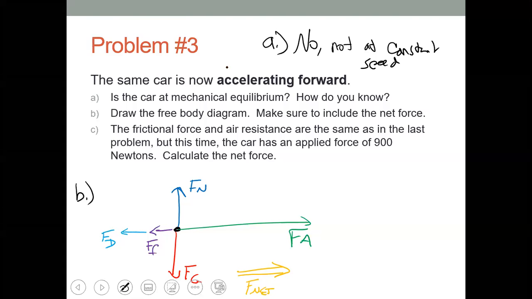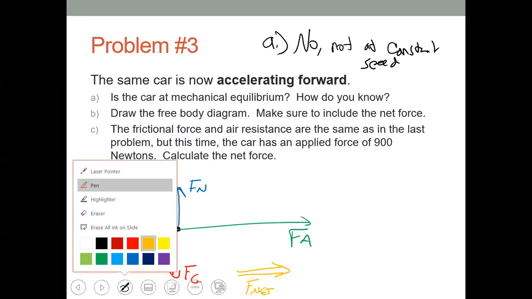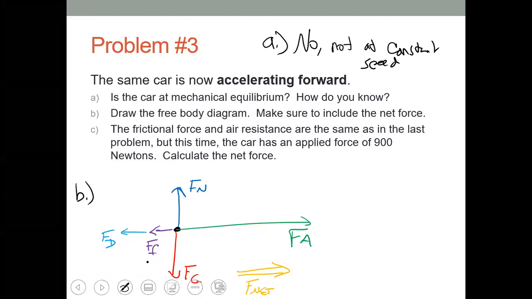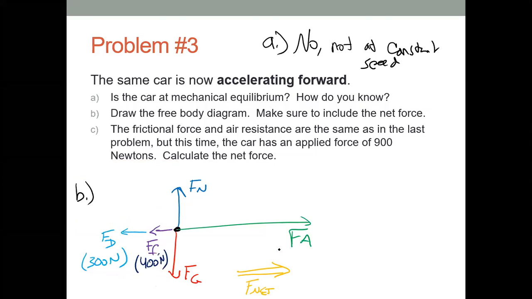What am I doing wrong? Was it friction was 400, I think? Drag was 300. And now I'm saying that my applied force is 900.